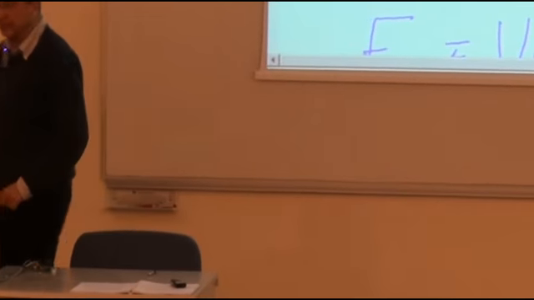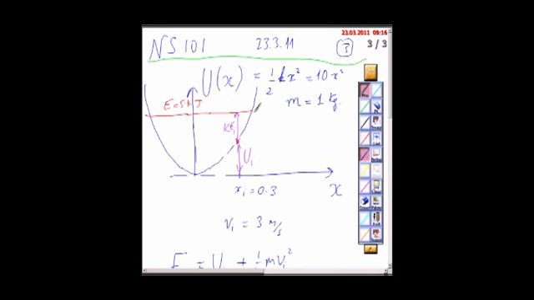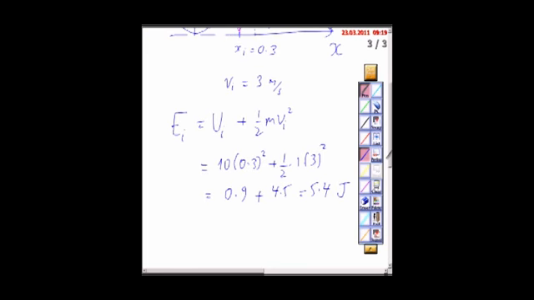Let's figure out where that point is. This is the turning point, the maximum value of x. Okay? That's the point where the kinetic energy is 0. Potential energy at x max equals the total energy, which is 5.4.